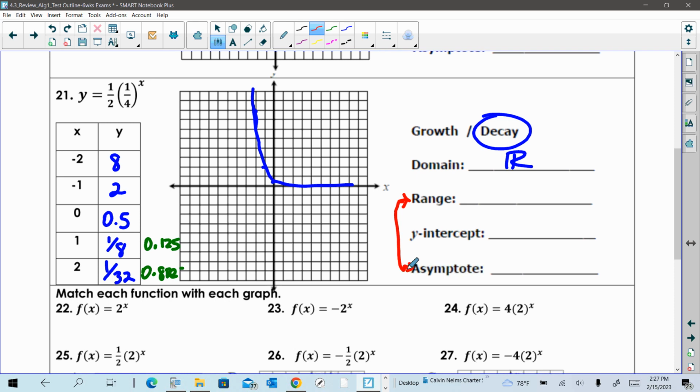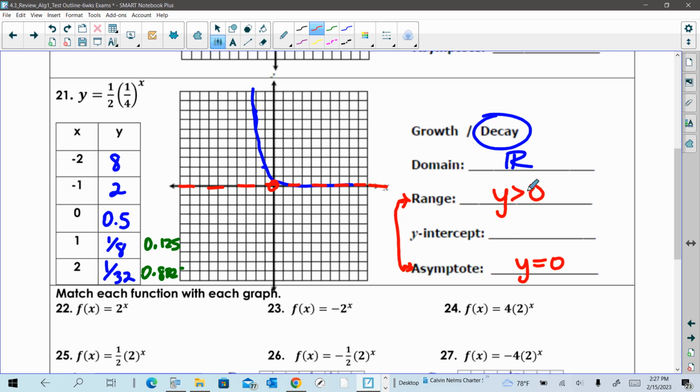The asymptote is the horizontal line that the graph approaches. Our asymptote, because this graph flattens out like right here, is the x-axis, which goes through 0. So really our asymptote is the horizontal line y equals 0. And since our graph is above this line, our range should be y is greater than 0.